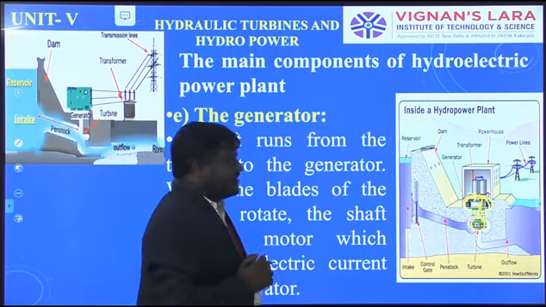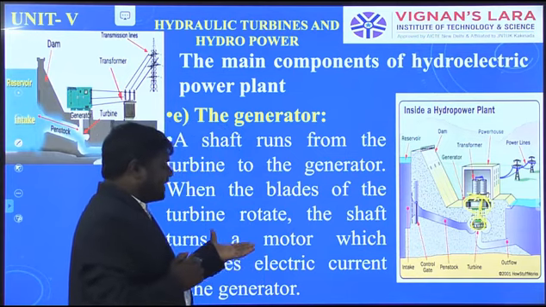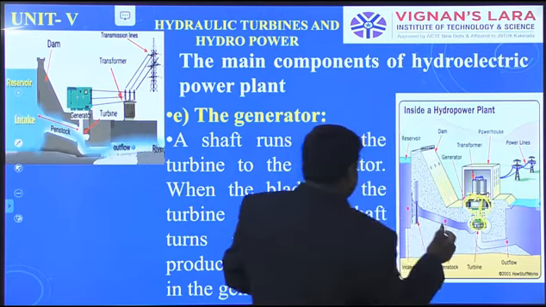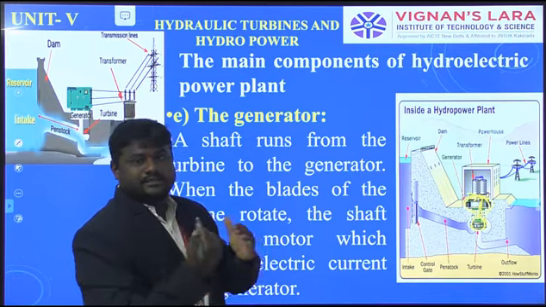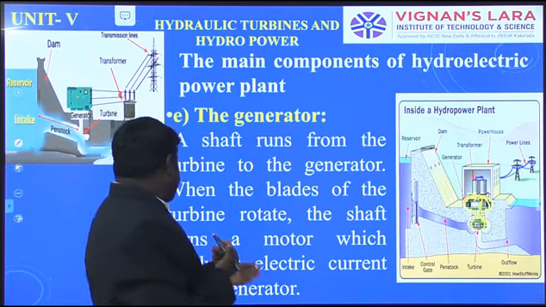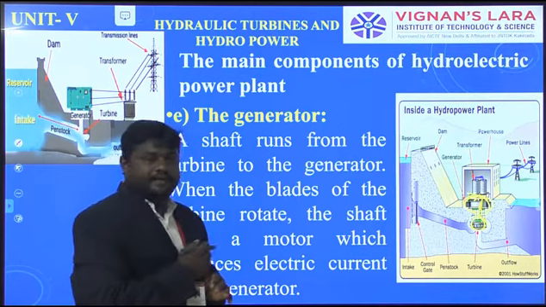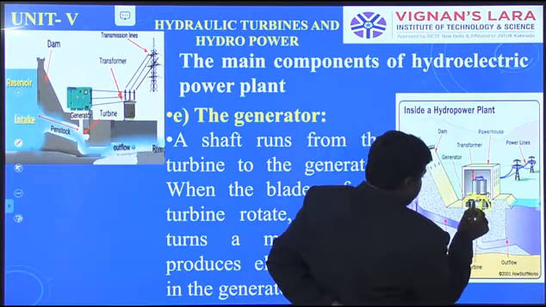When the blades of the turbine rotate, the shaft will rotate. The shaft turns a motor which produces electric current, electric power, in the generator.